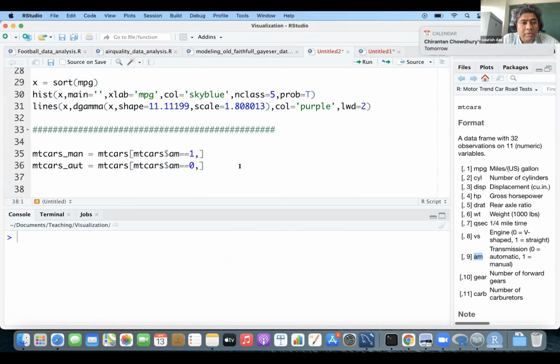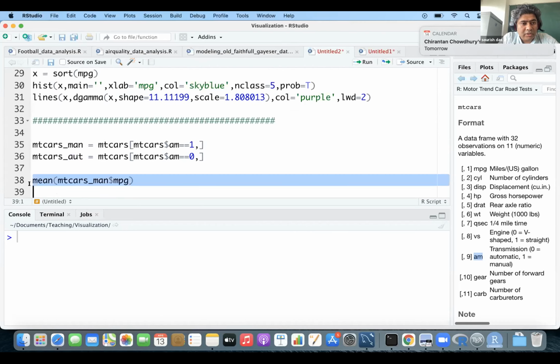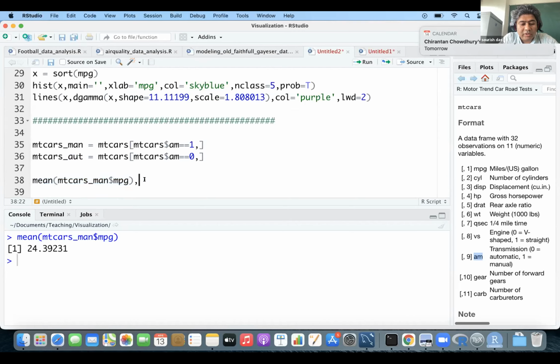Now, what I can do is, in the manual, we can just calculate what is their mean, average, and what is their, say, standard deviation.